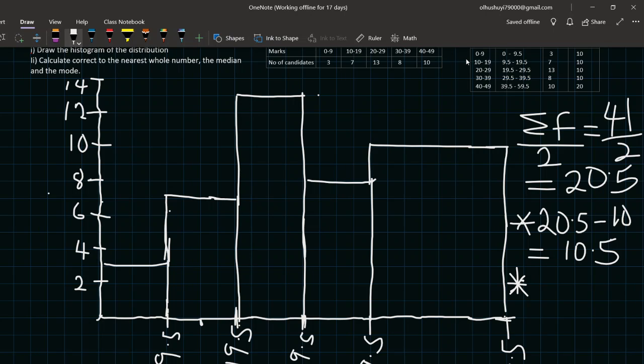So you write the 23. Then you subtract the other value, which is 20.5, the value we use to locate the median class. So minus 20.5.